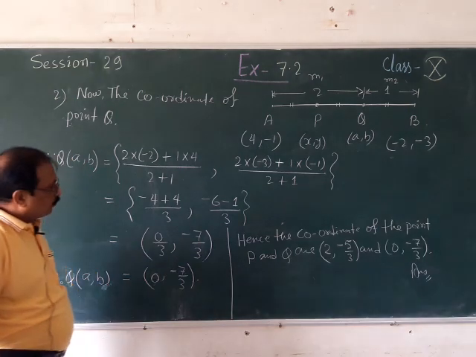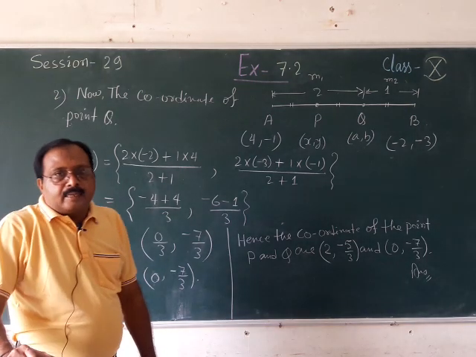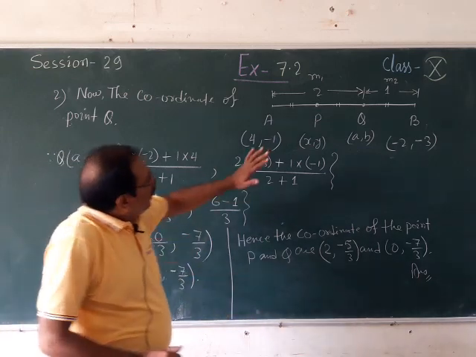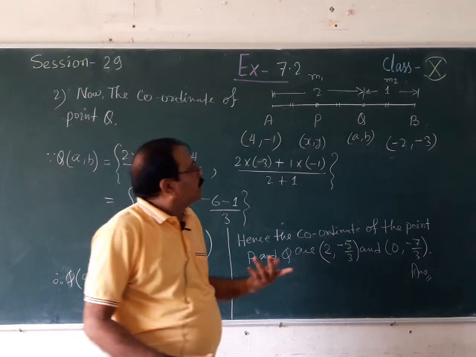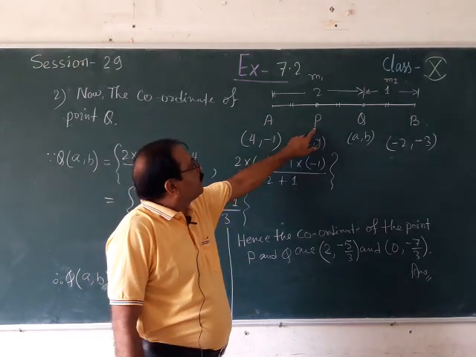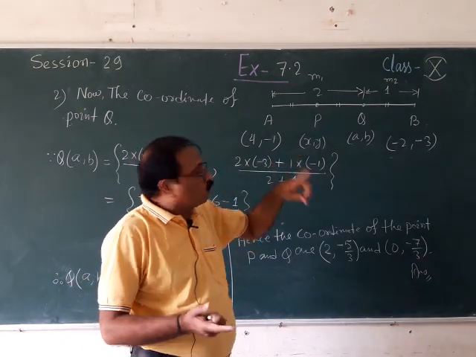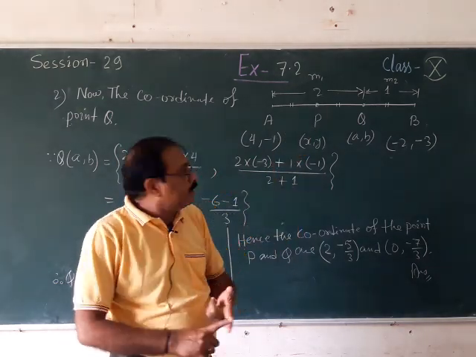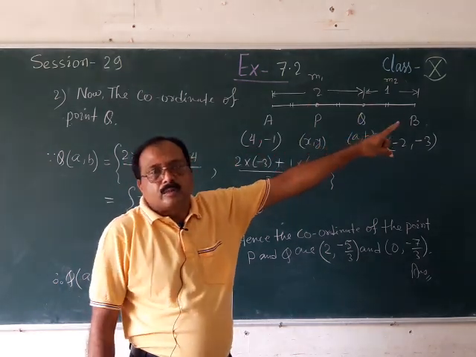So here one thing should be understood very nicely, that in trisections the values of m1 and m2 change due to the position of the point. For point P you have seen that your m1 was 1 and m2 was 2, but for point Q you have seen that your m1 becomes 2 and m2 becomes 1.